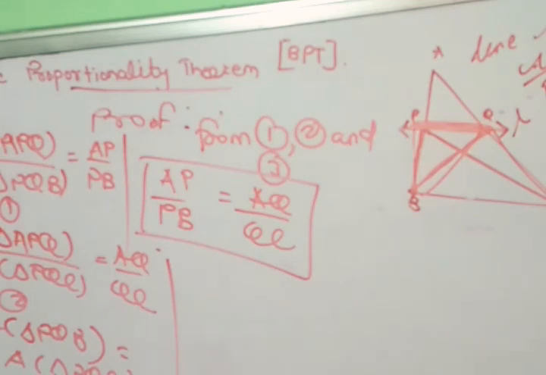Why is AP by PB equal to AQ by QC? Because from 1, area of triangle APQ by area of triangle PQB is equal to AP by PB. This is the first. Second, area of triangle APQ and area of triangle PQC is equal to AQ by QC. And third is the area of triangle PQB is equal to the area of triangle PQC.